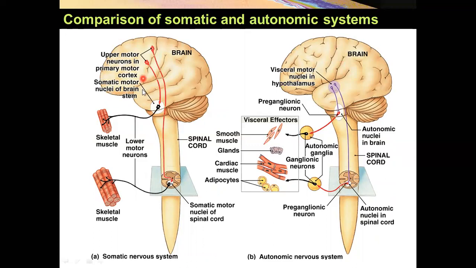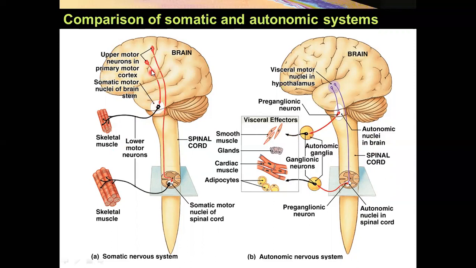Now let's compare the somatic nervous system and the autonomic nervous system. Note that in the somatic nervous system, there are two neurons: the upper motor neuron and the lower motor neuron. In the autonomic nervous system, there is a pre-ganglionic neuron and a post-ganglionic neuron.